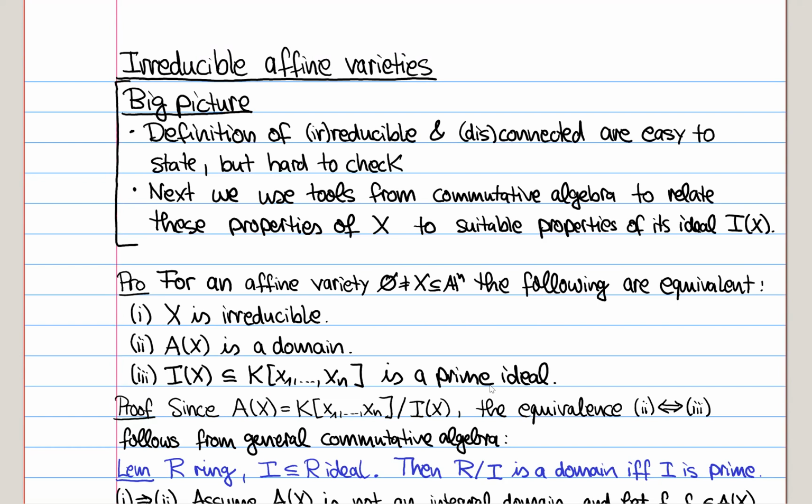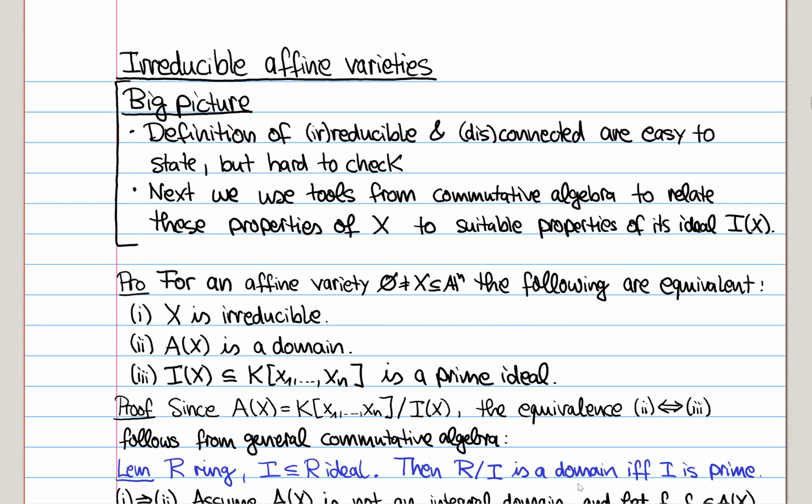For the proof, one equivalence is very straightforward. Namely, we know that A(X) is just K[X1, ..., Xn] modulo this ideal. And so the equivalence between these two stems from the general commutative algebra fact that if you have R a ring, like this polynomial ring, and I an ideal, like the ideal of X, then the quotient R modulo I is an integral domain if and only if I is a prime ideal.